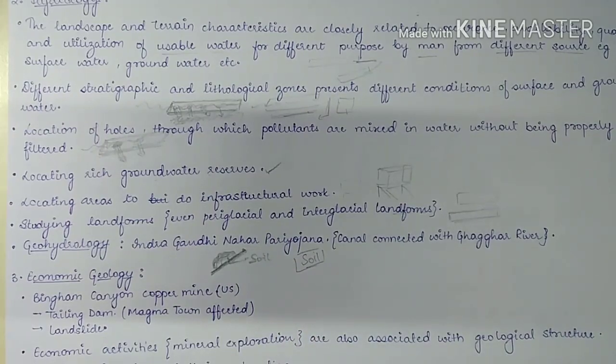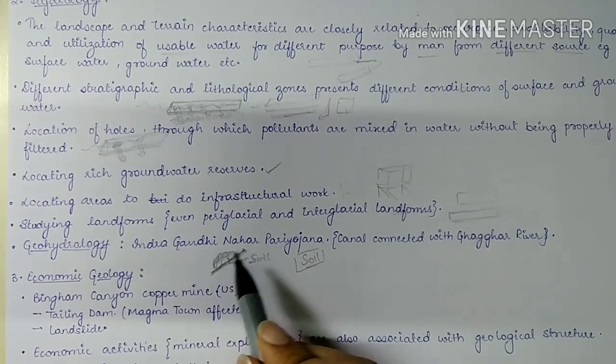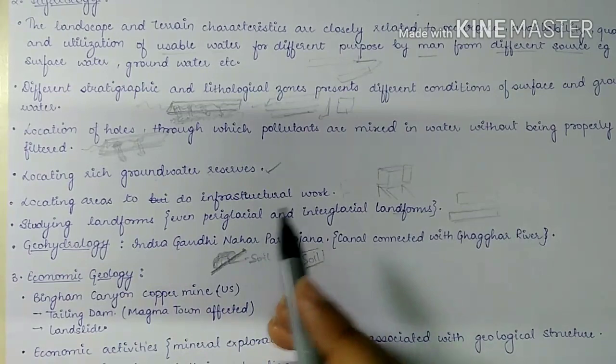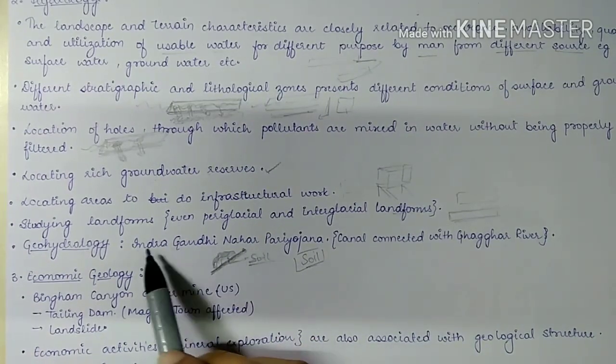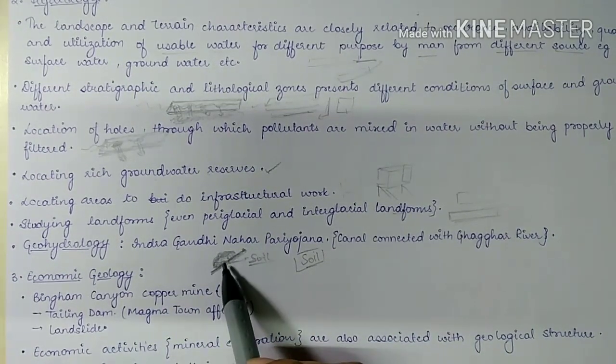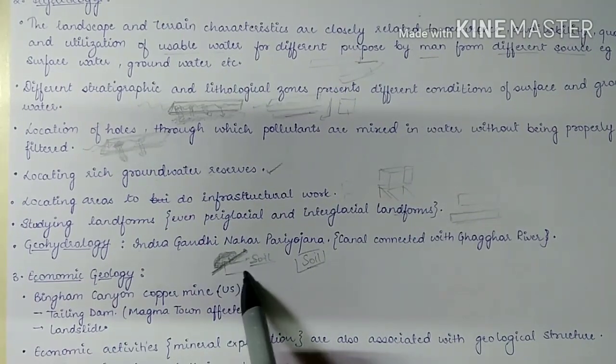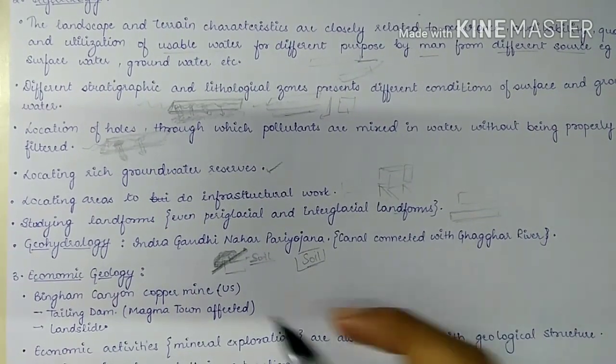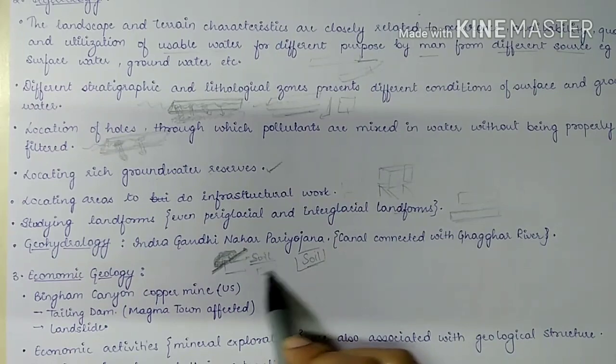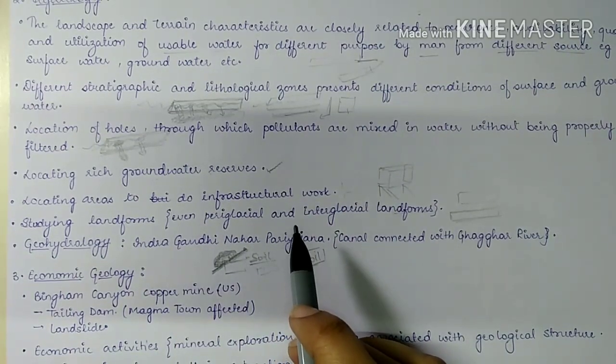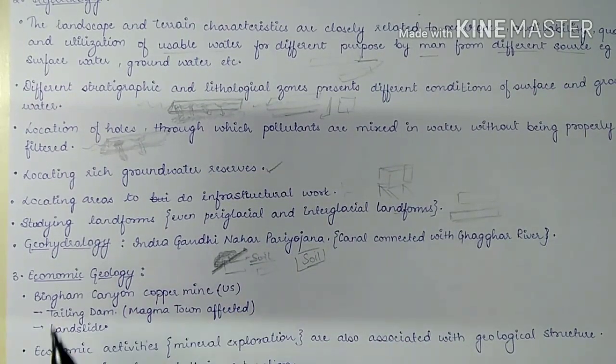If we had used geomorphology in the right manner, we would have studied the soil and forecasted the problem that would come from this project. So that was a part of geohydrology.